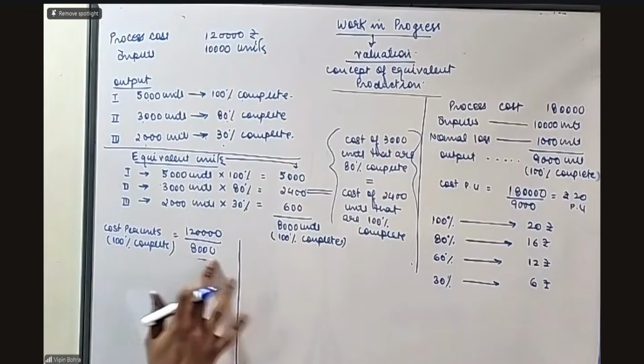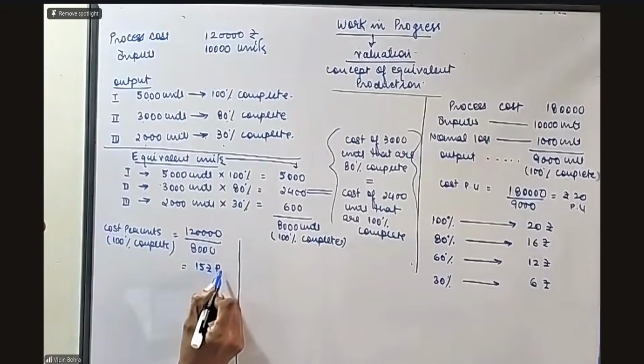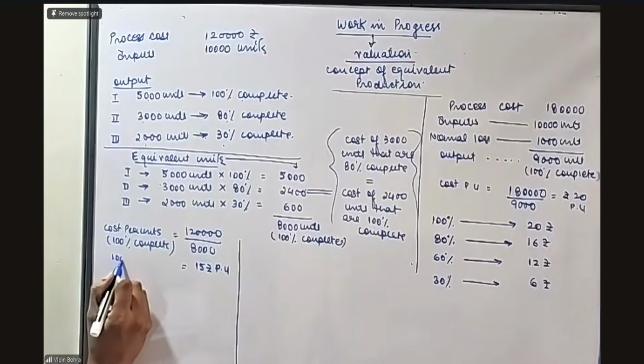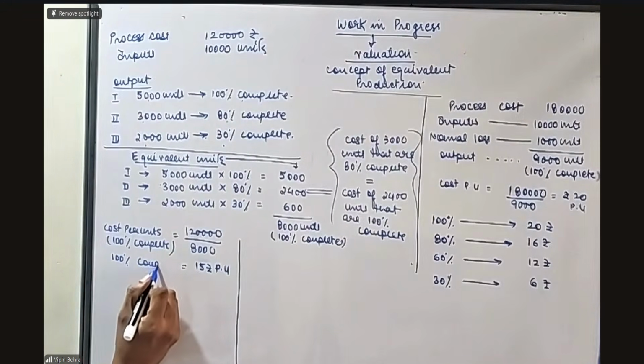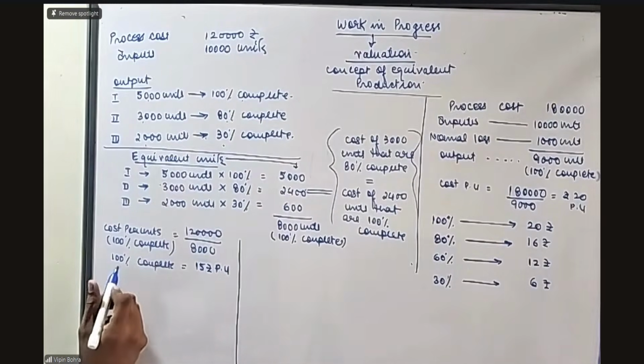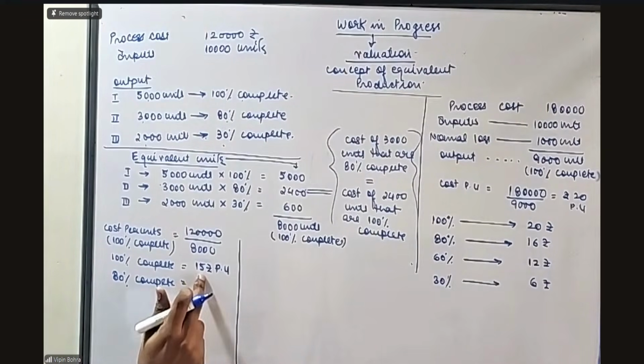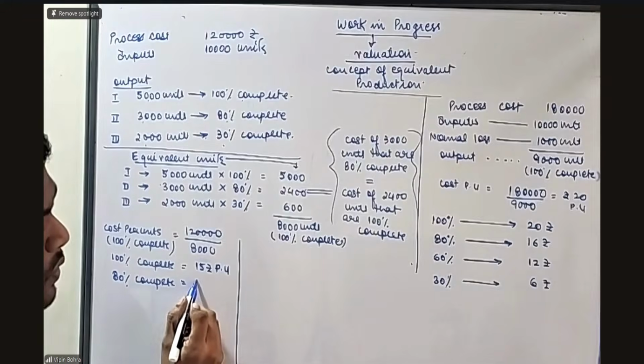So 15 rupees per unit is the cost of units that are 100% complete. So if we want to calculate the cost of units that are 80% complete, it will be 15 eights are 12 rupees.